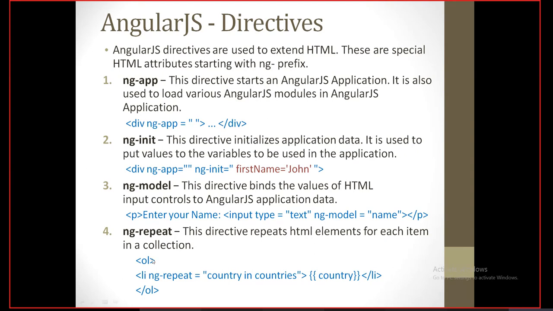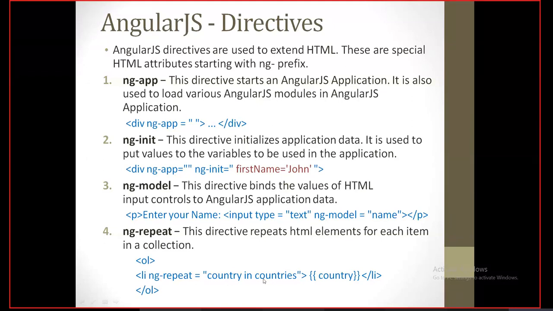So here we are creating an ordered list, and definitely we will have to use a li tag, and to define the inner HTML property of that li tag, we are using ngRepeat.